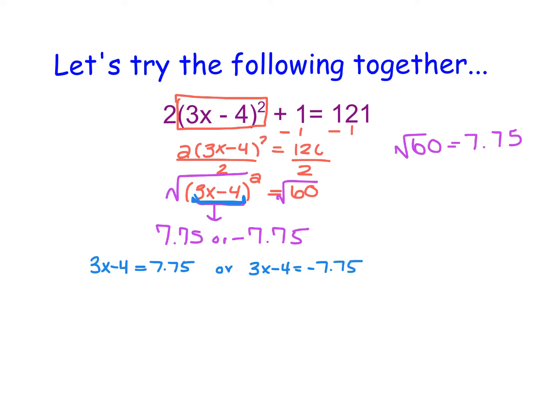So I start by thinking that through: what, when squared, gives me 60? Well, 3x minus 4 could equal either one of those two options. Then from here we start to solve.